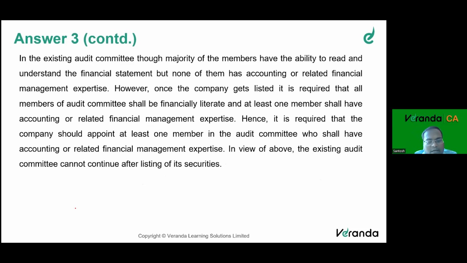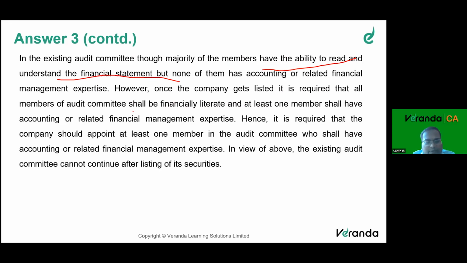Then coming to the next point, they shall have the ability to read and understand financial statements, but none of them have financial management expertise. Once the company gets listed, all the members of the audit committee shall be financially literate.